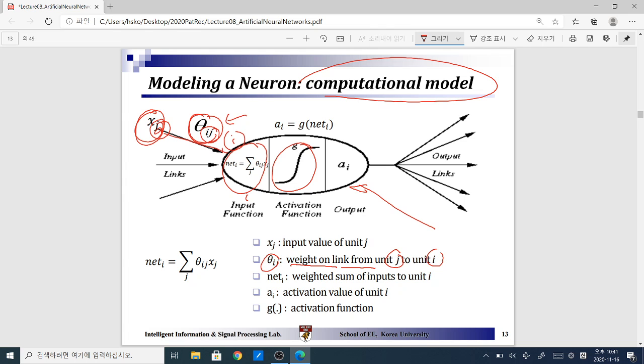And of course, you have many of these features, not just one. So we could have, for example, theta 1, theta 2, down to theta m, where m is the feature dimension.